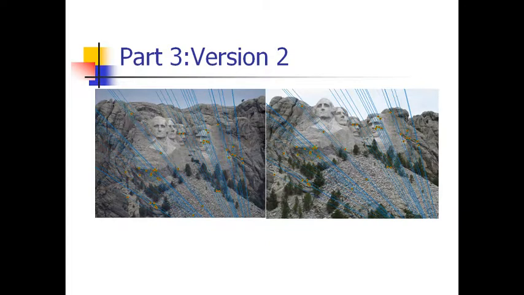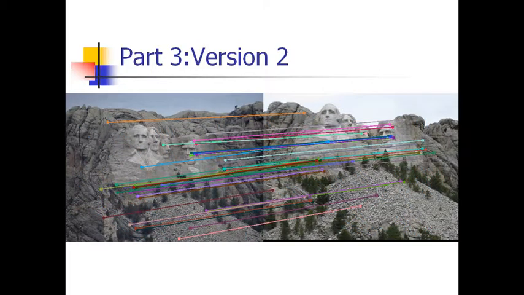Here is the second version. You can see it has a very good line to the bottom left corner. I will be fast for all those. There are no outliers in my inlier set, so that's why it provides a good result.